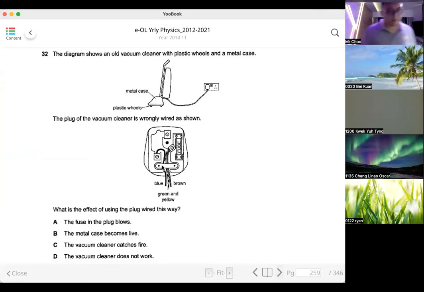This question appeared 2 times in the past 10 years. The first time is 2014, and then it appeared again in 2019. So this is a 2014 paper. Go and try again. Then I'll talk to you about the plug in a while because last week I did not show you any picture of the plug. Okay, start doing now.